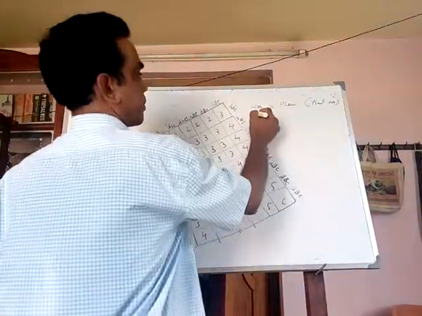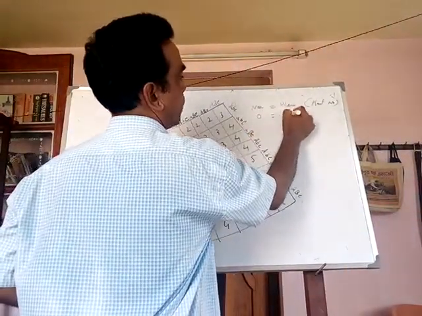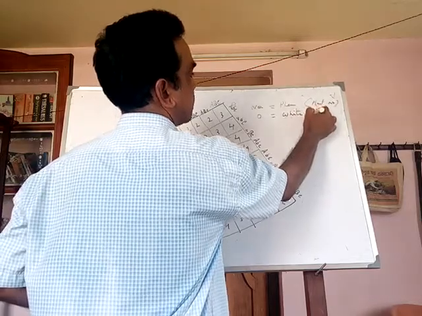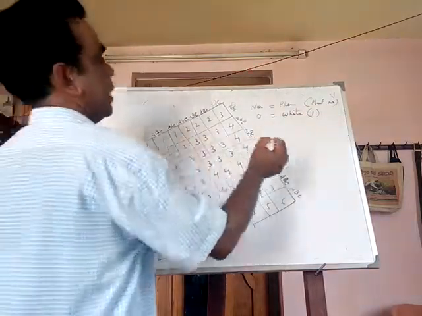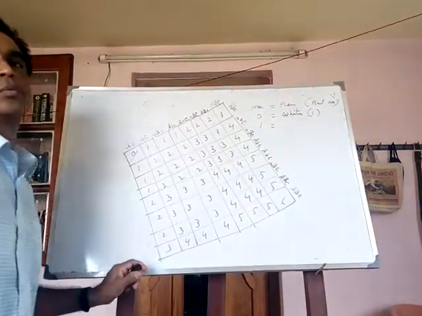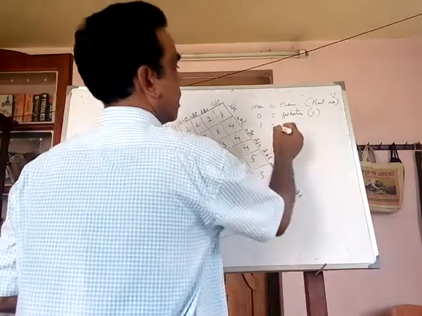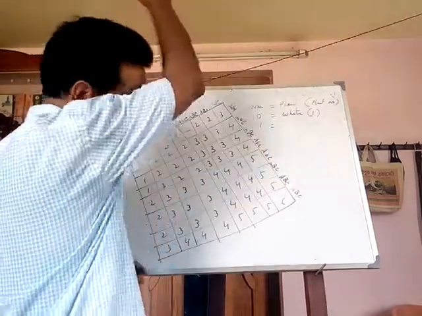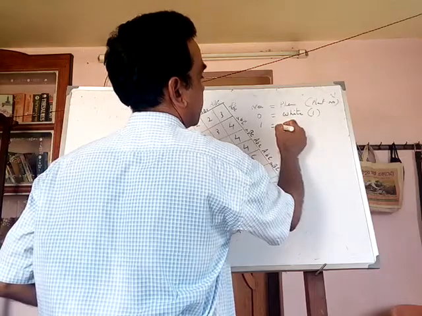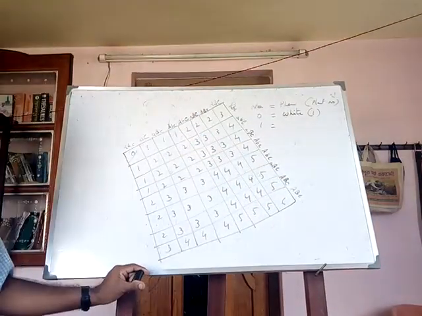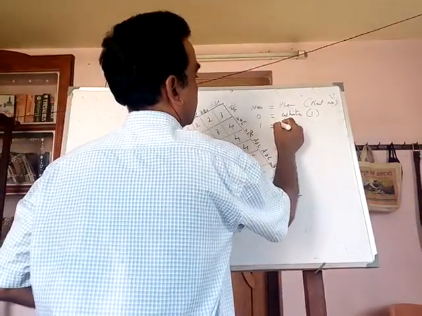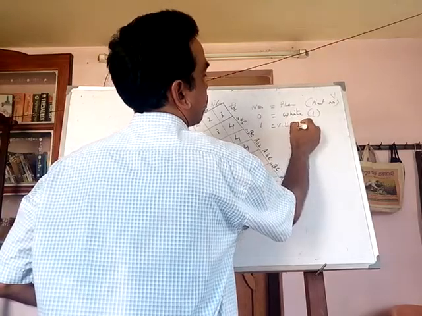Number 0 equals white, that is 1. Number 1 equals light white, very light white, it is 6.